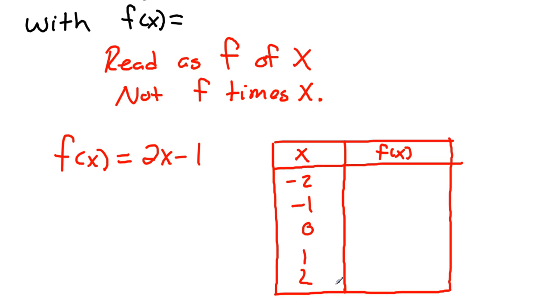So here's the function f of x is equal to 2x minus 1. They'll tell you what numbers to plug in, from -2 maybe to 2, and then you'll have some blanks on the side where you've got to find the f of x value.